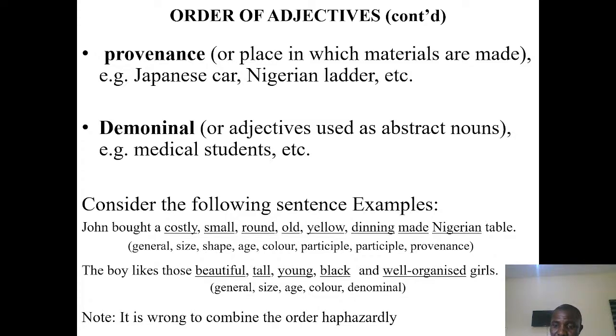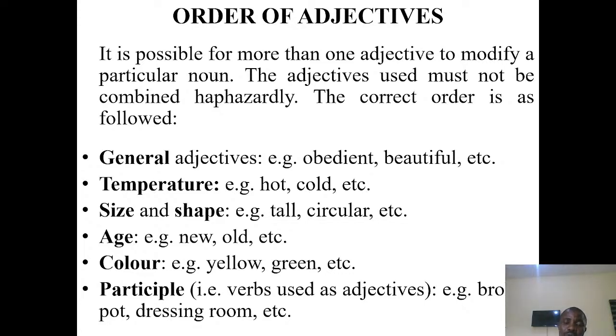denominal, or adjectives used as abstract nouns, like medical students. What it means is that once you want to use several adjectives, and maybe use general adjective, age, participle, for instance, the obedient old broken pot.